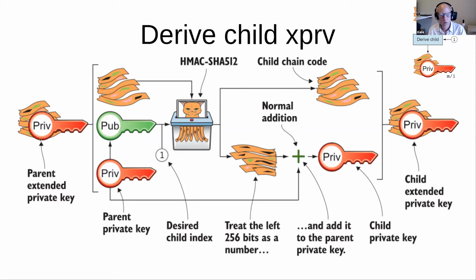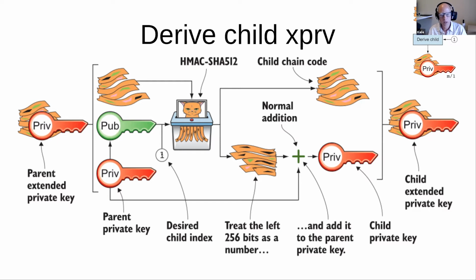So this is the parent extended private key. And here you have the child extended private key, which we are going to generate right now. The parent extended private key is composed of a private key and a chain code. And from this private key, we generate the public key.